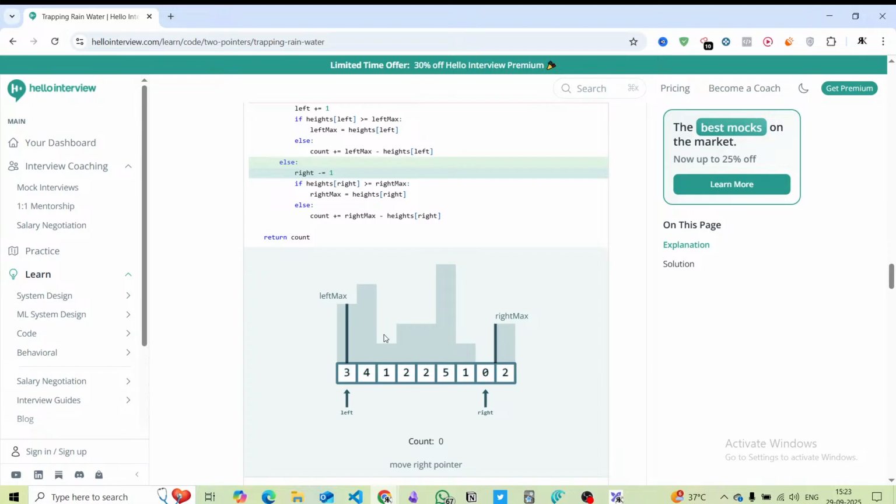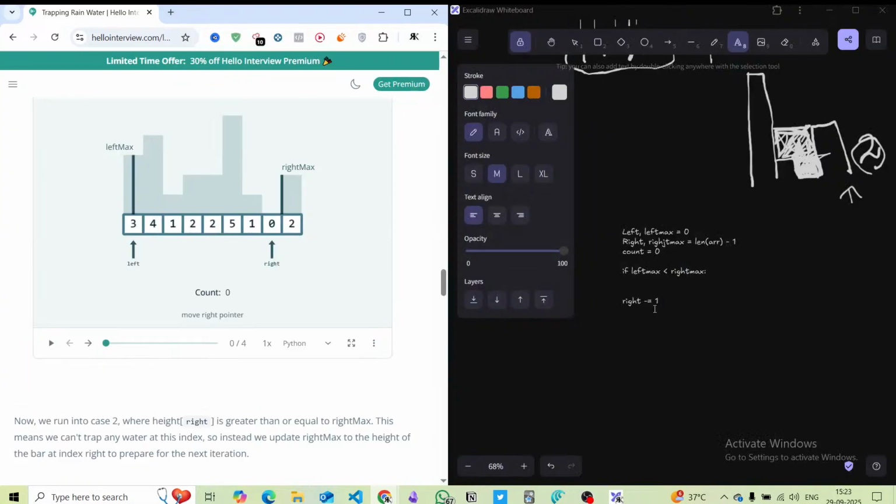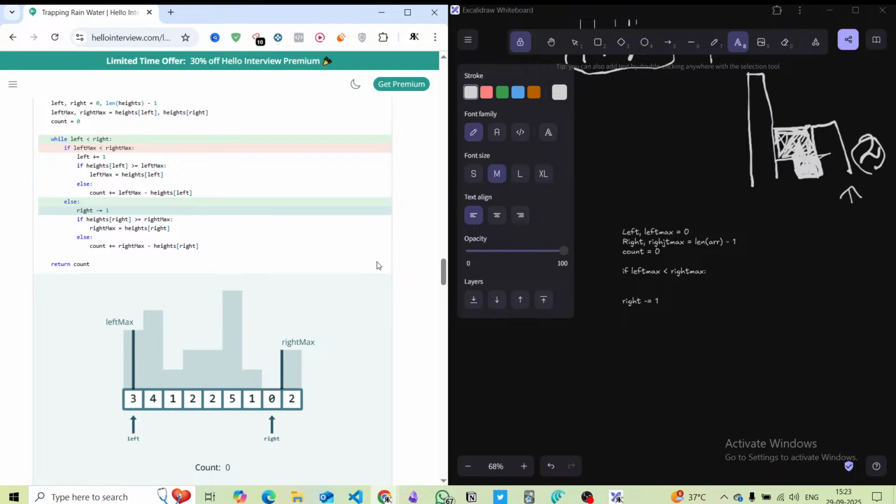So here what they are doing is, after you're decrementing the right pointer, they just check whether the value of the right is greater than or equal to the right max.